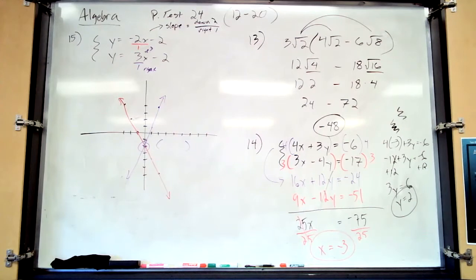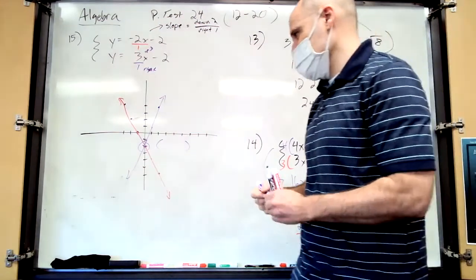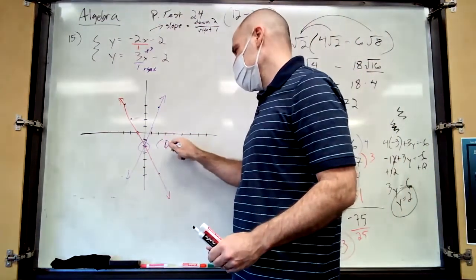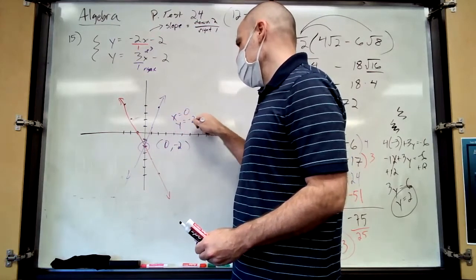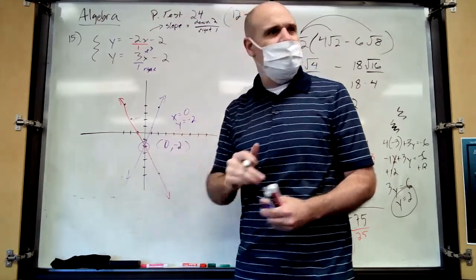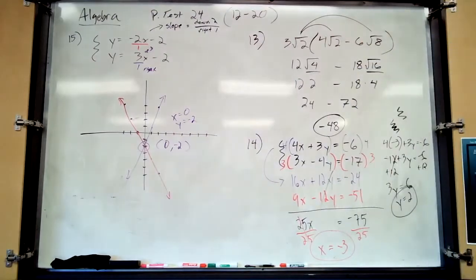Well, when you plot points, you do the x coordinate first. So it's left or right first. So this is 0, -2. So x equals 0, y equals -2. Or you can just write it like this, okay? Now make sure that works in both equations. It does. So you're good to go.